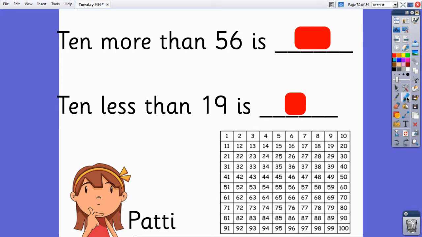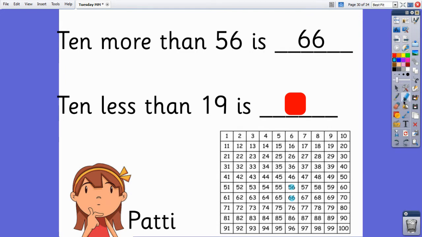Let's check our answer. So for the first sentence, we first need to identify 56 on our 100 square. We know we are looking for 10 more, so we are just going to jump down vertically on our 100 square and we land on 66. 10 more than 56 is 66.